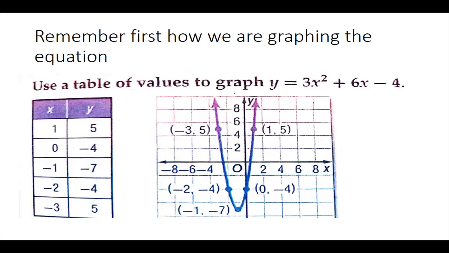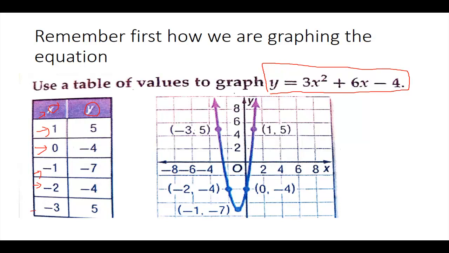So remember first how we graph the equation, using the table of values to graph y equals 3x power 2 plus 6x minus 4. Remember the table, x and y. x has many values, like 1, 0, negative 1, negative 2, and negative 3.